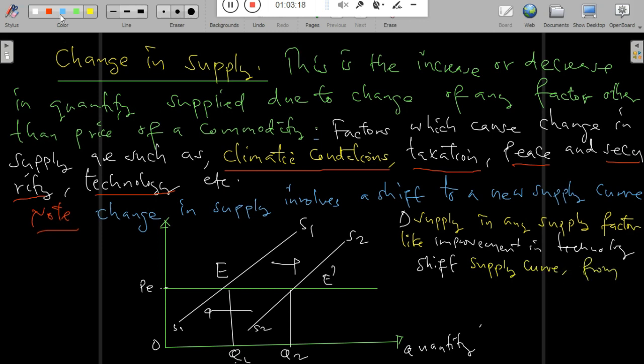In this figure, any change in a supply factor, like an improvement in technology, can cause a shift in the supply curve from S1 to S2, or from S2 to S1, at the same constant price. Also, a change in another supply factor, like an increase in the cost of production, can cause a shift in the supply curve from S2 to S1, or from S1 to S2, as you can observe.